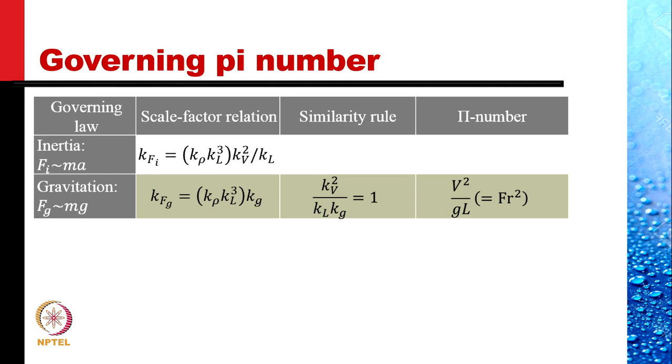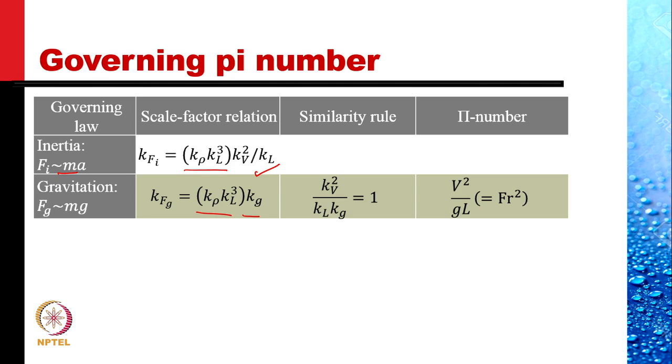The inertial law, Fi is like ma, and the gravitational law, that the gravitational force Fg is like mg, where m is the mass. We write the appropriate scale factor relations. Mass scale factor is k rho kl cubed, and acceleration is kv square by kl. Similarly, for mass and gravity.